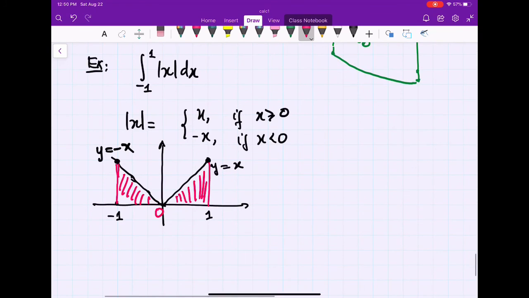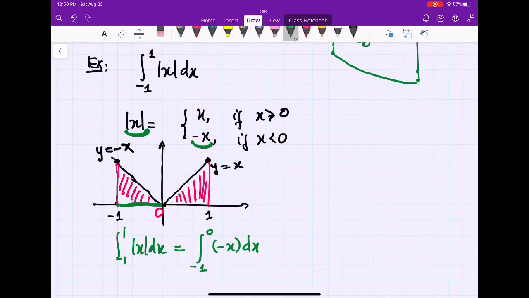So you might rewrite this as the integral from -1 to 0, and in that situation you have negative x dx, because x is less than 0, the absolute value is equal to negative x. And then from 0 to 1, the function is just x dx.